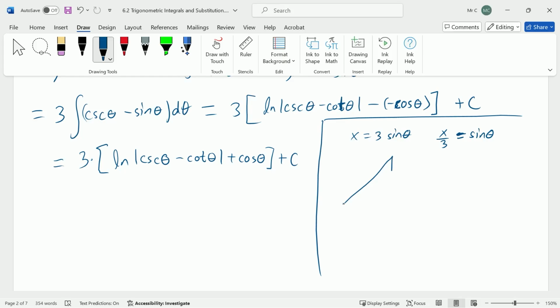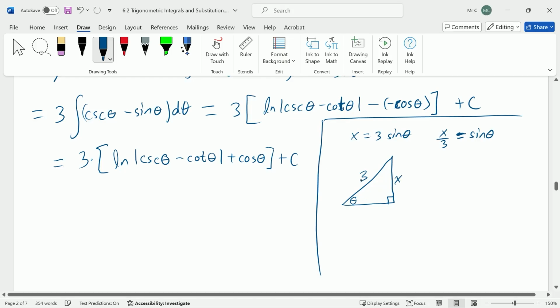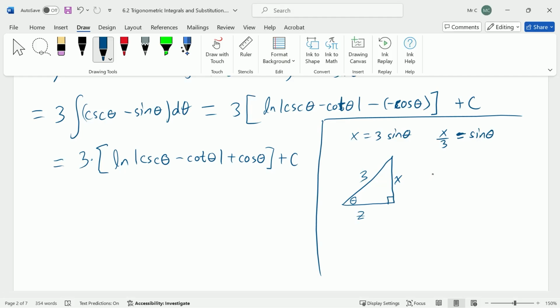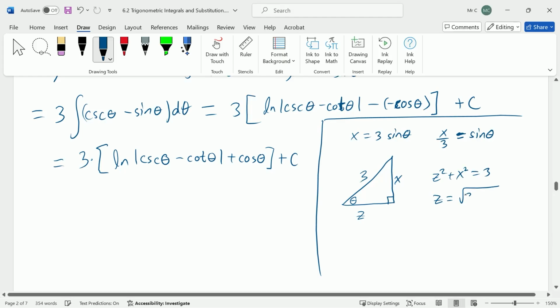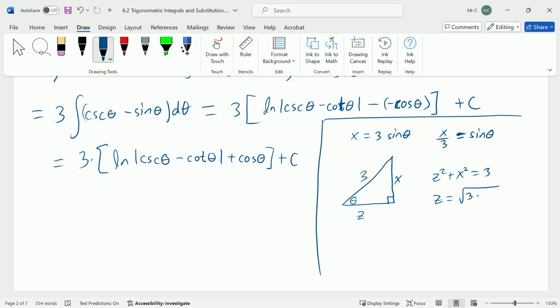And so I can draw a triangle corresponding to this using my trig identities, right? Sine is opposite over hypotenuse. Put theta here. Call that the opposite. That's the hypotenuse. And then I just need to solve for this side. So Pythagorean theorem, z squared plus x squared is 3. So z is the square root of 3 minus x squared.